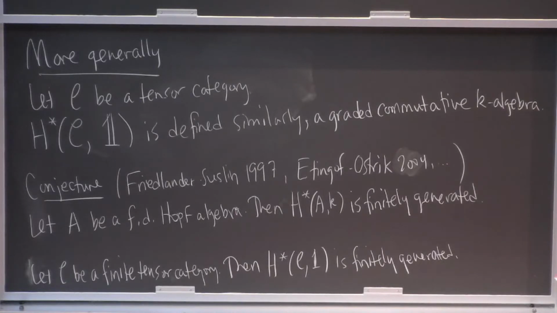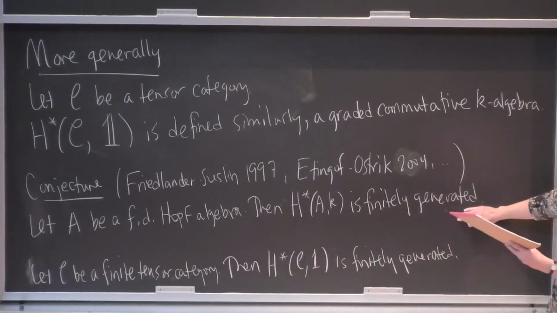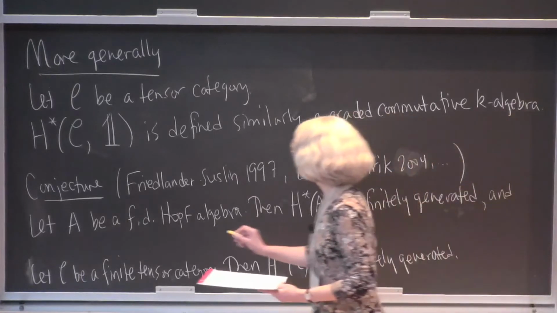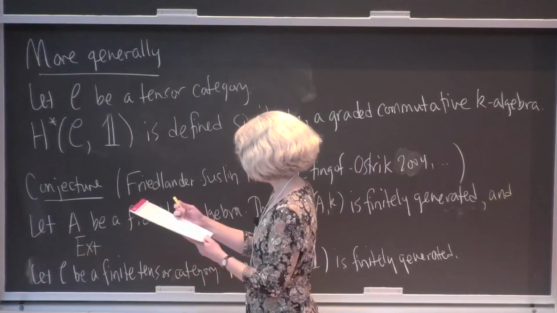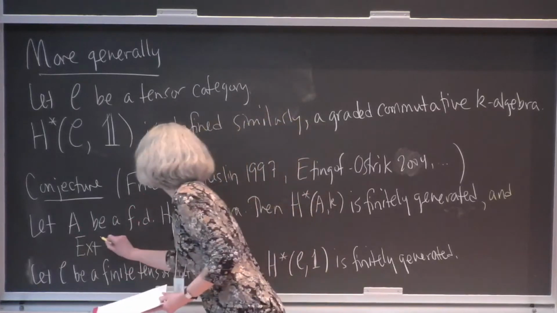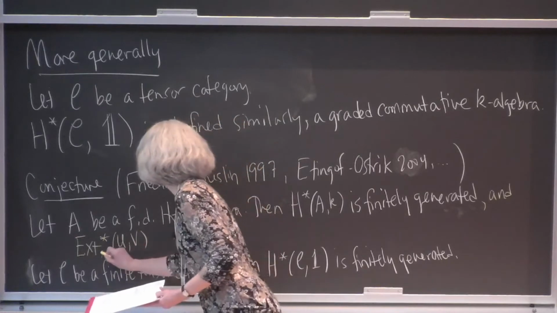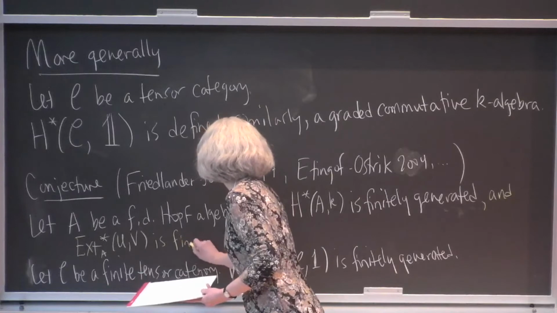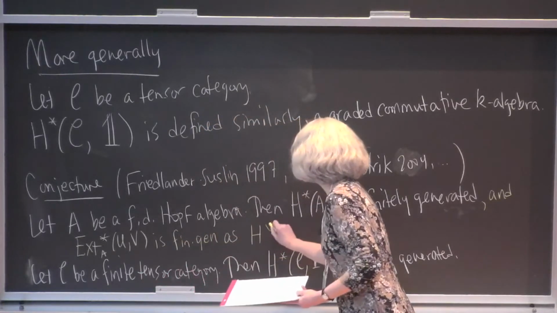There's more to the conjecture. Let me just write that down. Not only is this finitely generated, but for any two finite dimensional modules X and Y, Ext between them is finitely generated as a module over this cohomology ring.